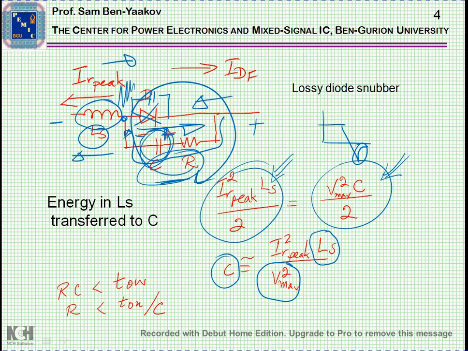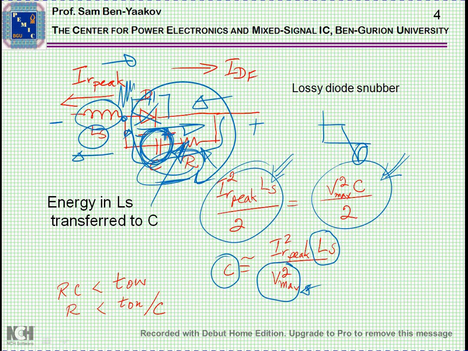This is not trivial, and in most cases we do some sort of a trial and error. We start with a large capacitor and then we reduce it until we get to a V that we like to have. By the way, the larger the capacitor, the more power will be dissipated, because the energy stored in the capacitor is eventually dissipated in this resistor. So with a large capacitor, we are going to dissipate a lot of power so that the resistor will get hot.